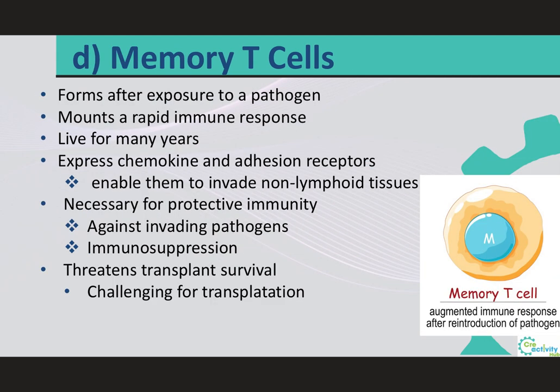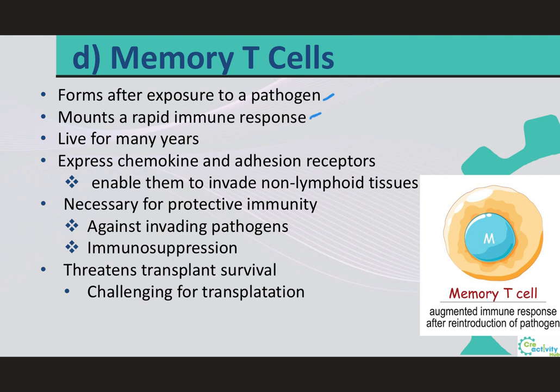A memory cell is a variety of both B and T cells that forms after you have an exposure to a pathogen. Therefore, when you're re-exposed to the same pathogen, your body will be able to mount a rapid response because you already have those memory cells circulating throughout your body.